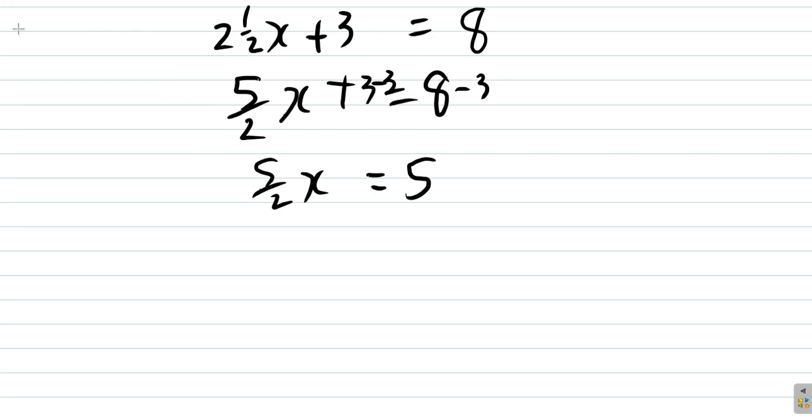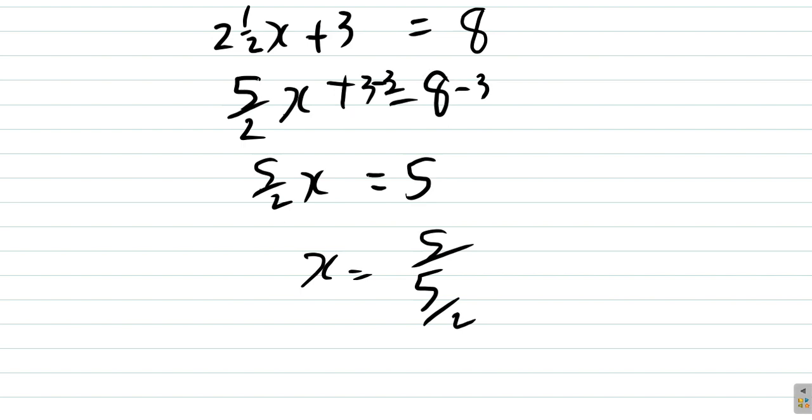So what is x here? Well, if we divide both sides by 5 over 2, we have x is equal to 5 divided by 5 over 2. Because when we divide, 5 over 2 will cancel itself here. So we have x alone. That's why we divide by the 5 over 2, right?